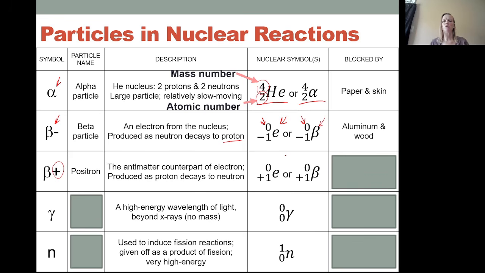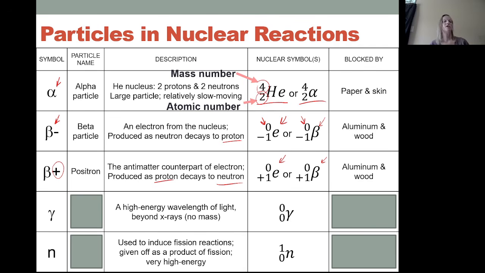And so we do write the symbol differently to accommodate that. Because when a positron is produced, it's because a proton has decayed to a neutron, and therefore the number of protons in the atom decreases. Like beta particles, positrons are blocked by aluminum and wood.